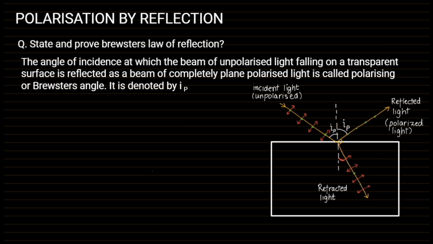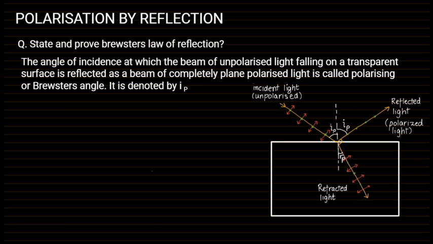This angle is your angle of refraction, represented by RP. I have not denoted it as R, because R represents the angle of refraction. To avoid confusion, I write the reflected angle also as IP, which from the first law we know is the same as the incident angle, and RP for the refracted angle.